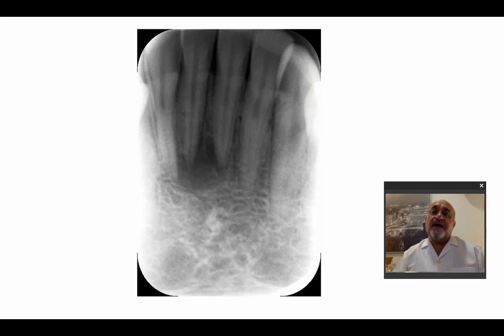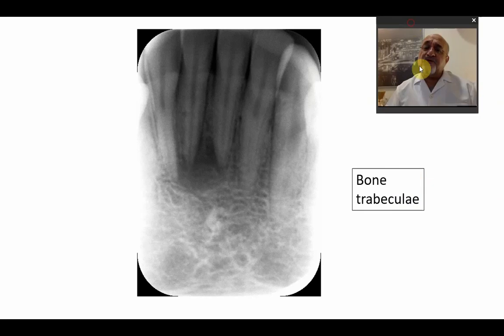In this radiograph, also in the lower central incisors, I want you to have an idea about the type of bone trabeculation in the lower jaw, or in the mandible, the bone trabecules and the bone marrow spaces. Unlike in the upper jaw, where the trabecules tend to be lace-like, irregular, they don't have a special pattern, and they are narrow, and the bone marrow spaces are narrow.